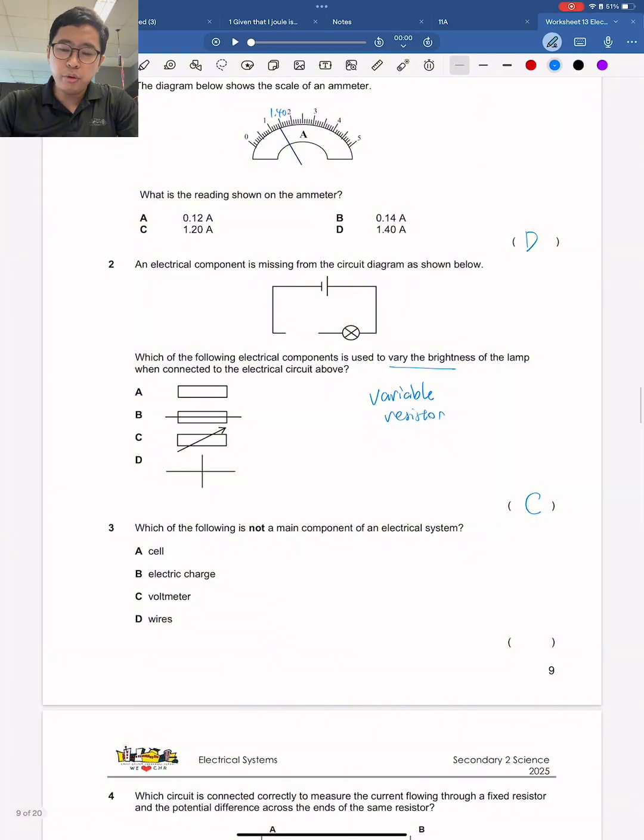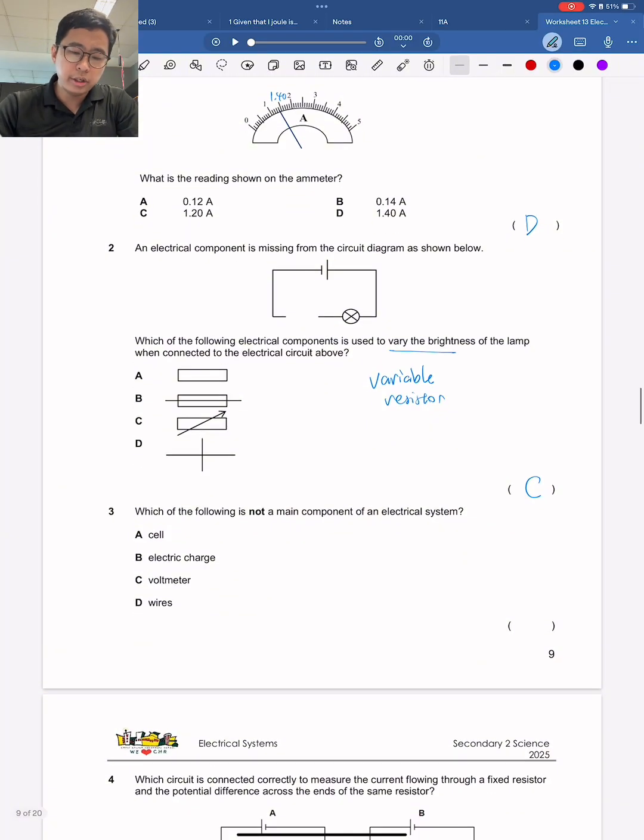There are 4 components of an electrical circuit. There is the cell, there's the electrical charge, there's the wire. There's one more component that's not listed here. Do you know what it is? Then there's the electrical appliance or electrical load.